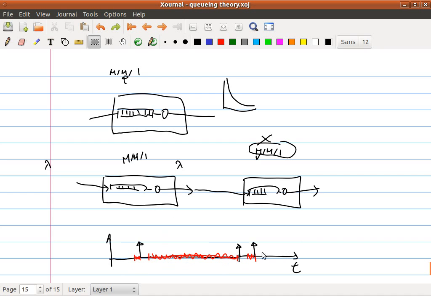Let's say this is a time axis. This represents a packet that arrives at this time and is served for so long, and then this is a departure here. Then another packet starts to be served at this time, and this is a rather long packet that takes a long time, and then it departs here, and another packet departs here.